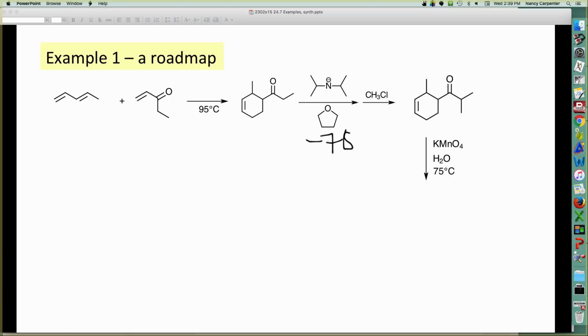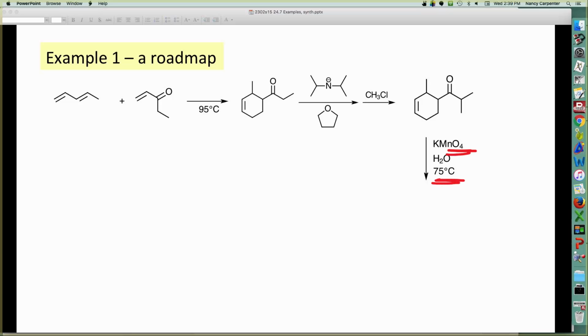Okay, now what? Well, now focus on your functionality. You've got an alkene and you've got a ketone. It's that ketone that clued us in to the enolate chemistry in the previous step. So what's going on next? Well, I know this is a strong oxidizing agent. Ooh.